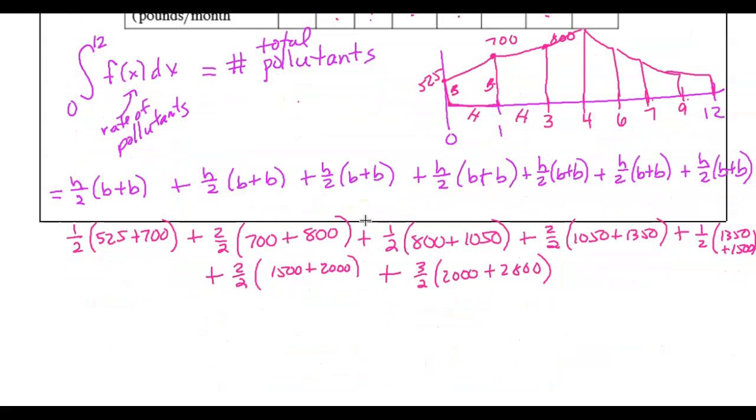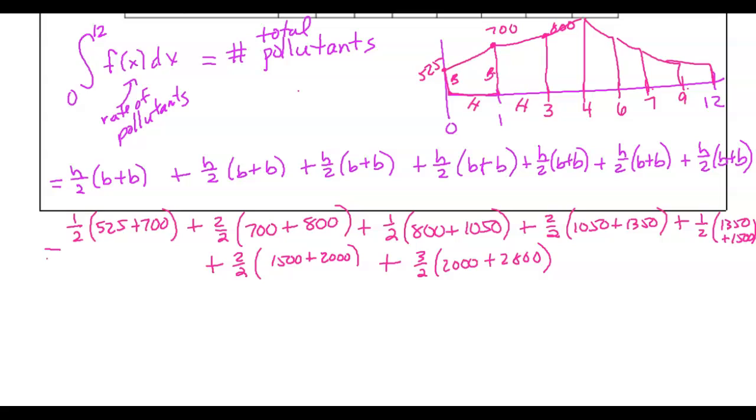So this would be a trapezoidal approximation. And same thing. Trapezoids can be an overestimate or an underestimate, just so you know. So I get, what's that, 1225 and half of that, which is 612.5. I get 1 times 1500. I get half of 1850, which is 925. 1 times 1400.